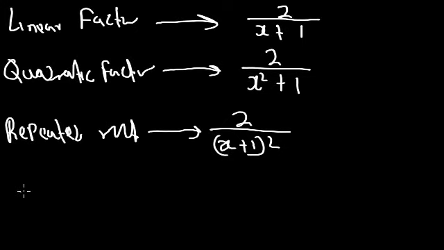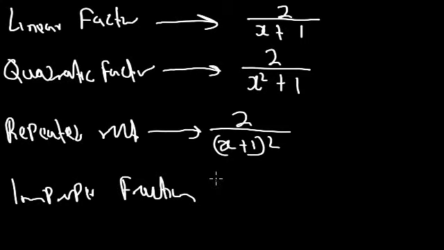And the last one is improper fraction. That is a scenario whereby the variable x is involved in the numerator, and its degree, for instance, is greater than the degree of variable x at the denominator.